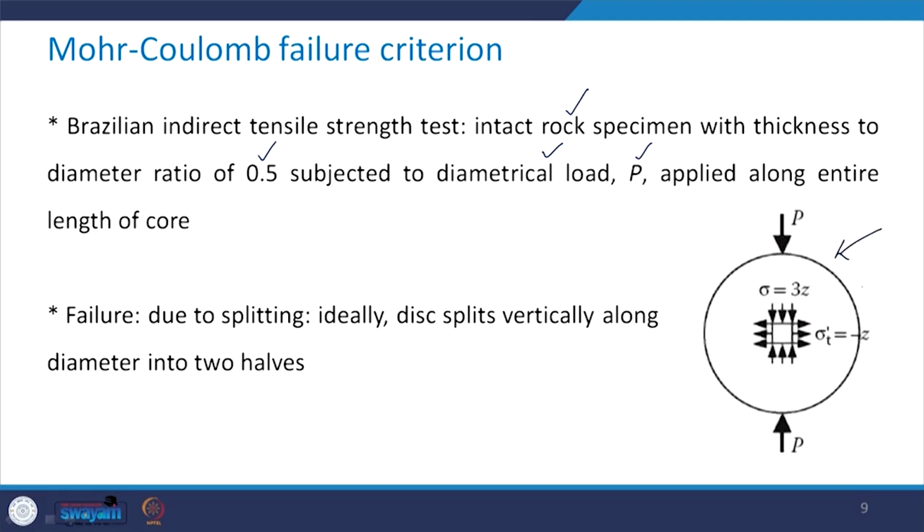This is that specimen as it will look, and it is subjected to this diametral load P. And this is applied along the entire length of the core. The failure takes place due to splitting, and ideally this should split vertically along the diameter into two halves.